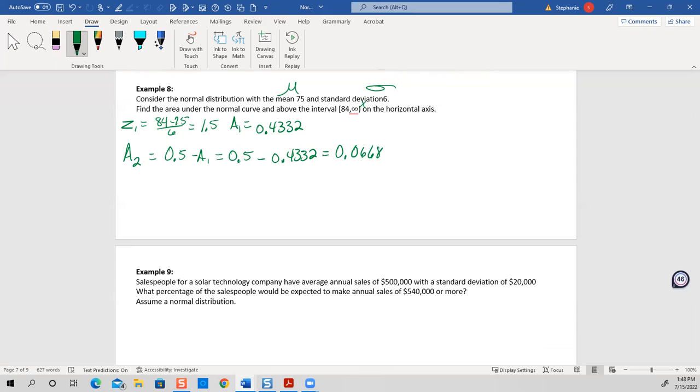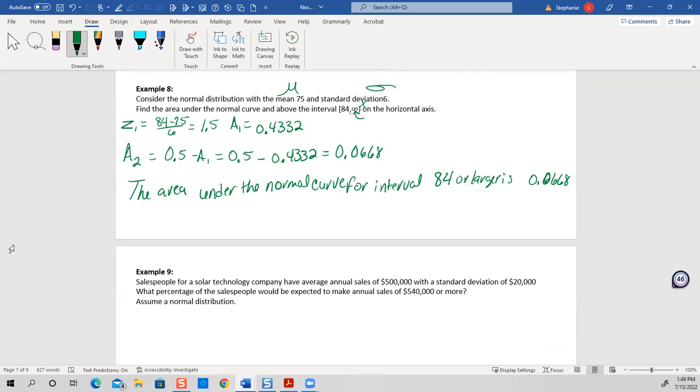And when we state this now, the area under the normal curve for this interval, 84 to infinity or larger, it's going to be 0.0668 because we are talking about going off to infinity. So this is what we're going to have. Okay, so that includes all the values. It goes small all the way up to the largest point, just keeps on going.